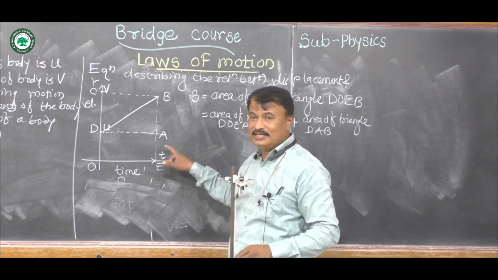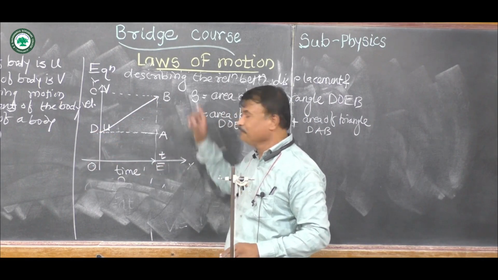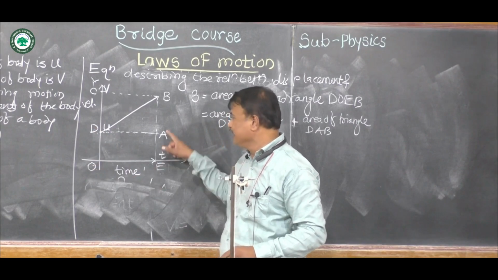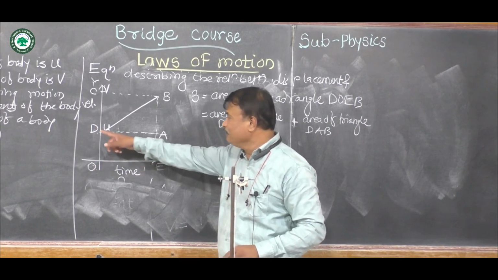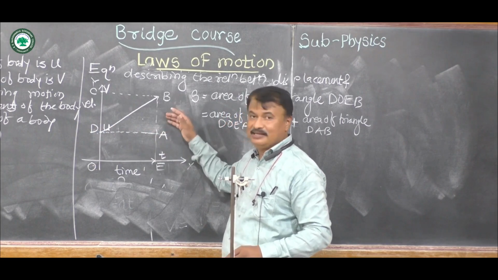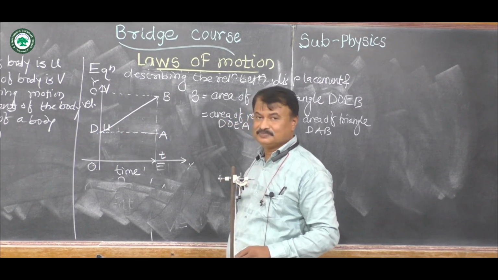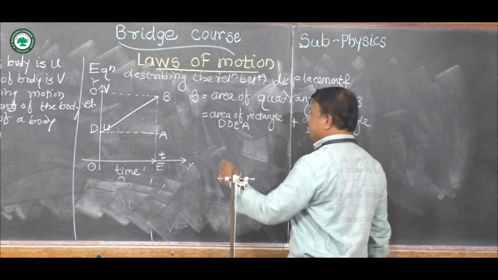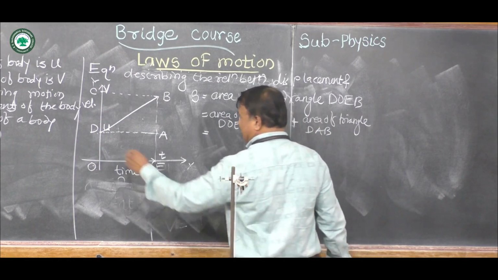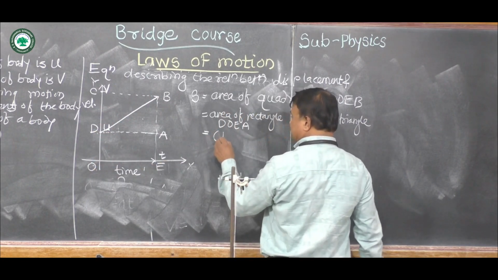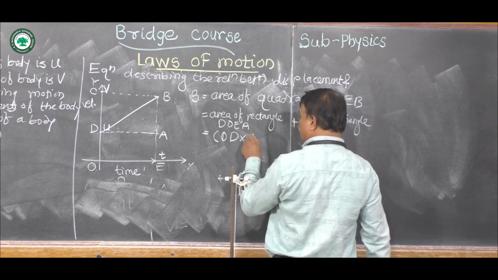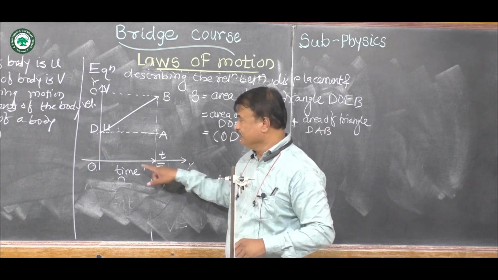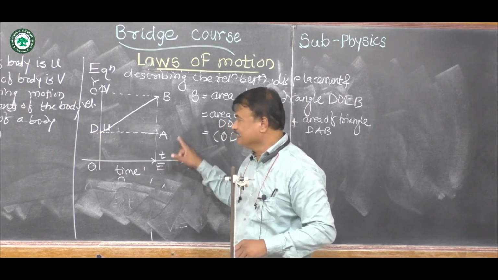For finding the total area of DOEB, we have to measure the area of this rectangle DOEA, and we have to measure the area of this triangle DAB, and then take the summation of both. Then we get total displacement. Now area of rectangle is OD into OE. This gives us the area of this rectangle DOEA.